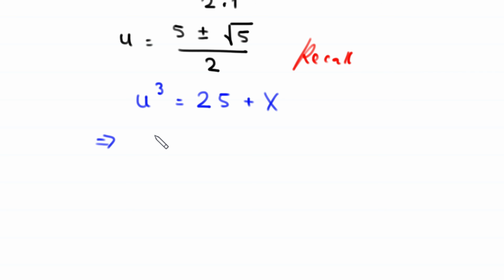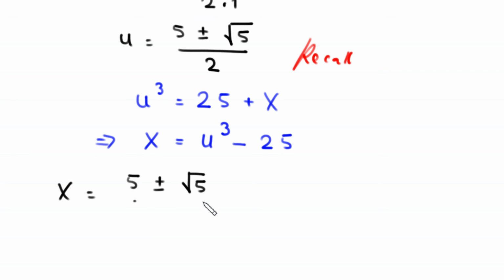This implies that x is equal to u cubed minus 25. So x will be equal to 5 plus minus root 5 divided by 2 whole cubed minus 25.